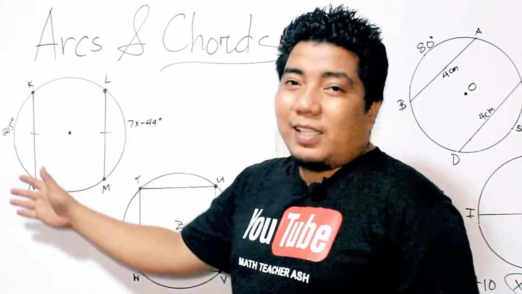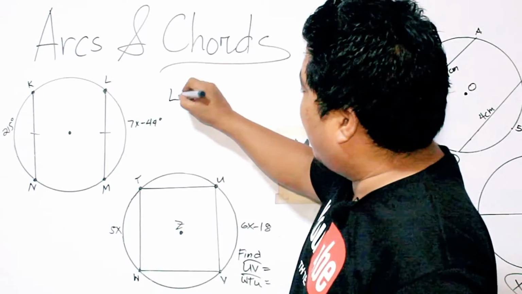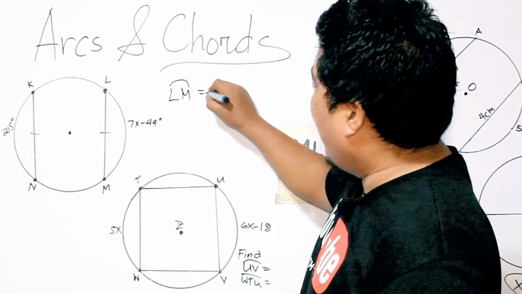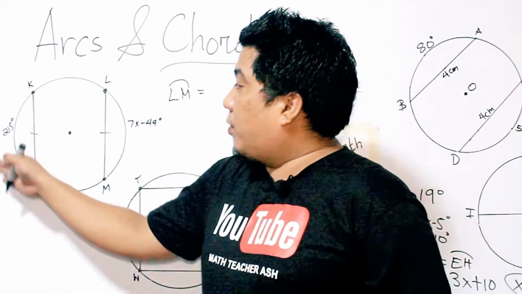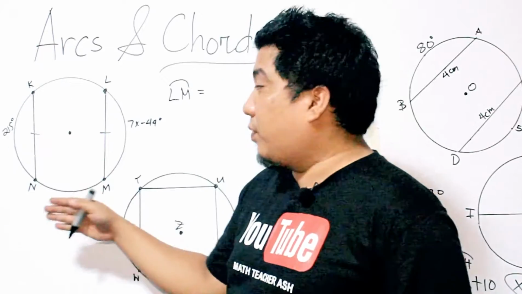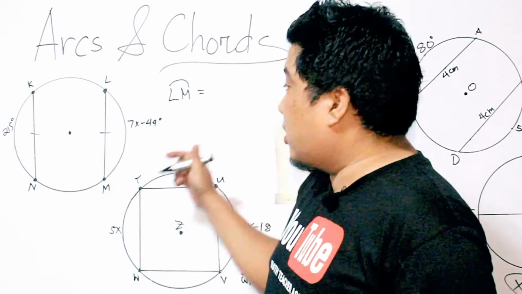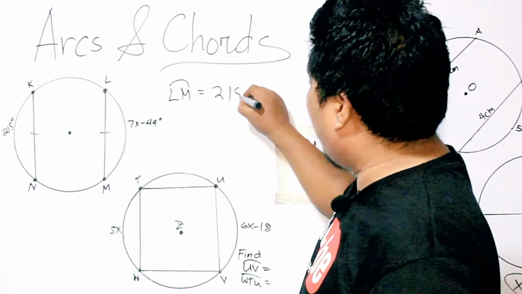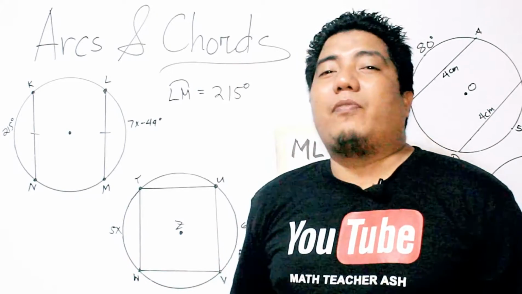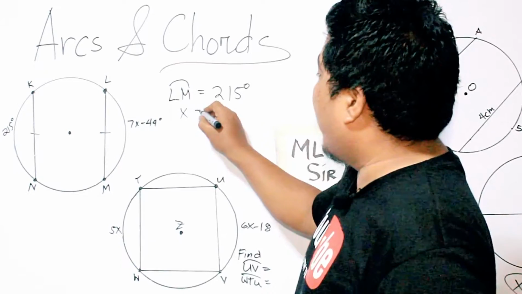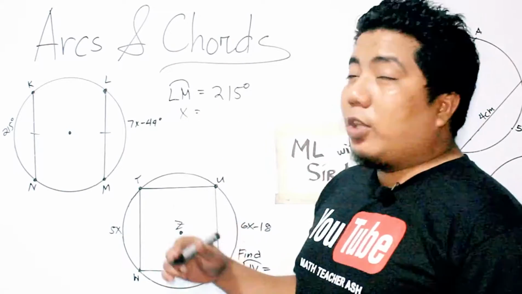So, if you are asked for the measurement of arc LM, then basically you don't need to solve the problem, because if this is already given as 215, then this arc is also equal to 215 degrees. Easy, right?